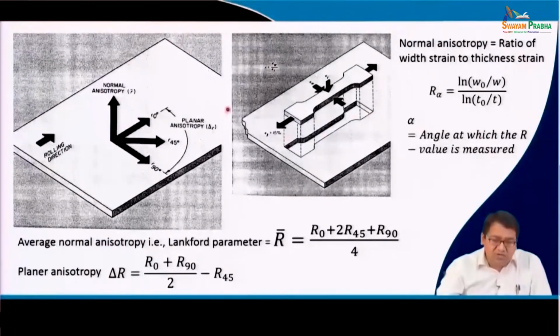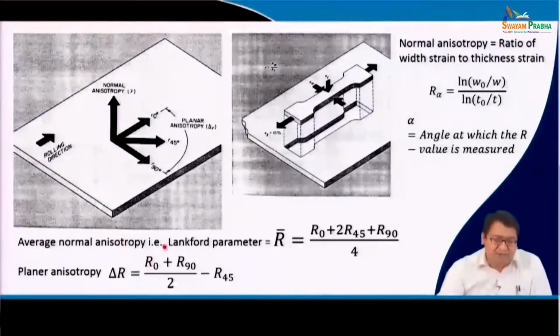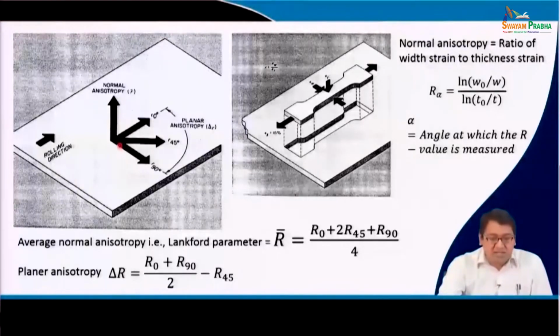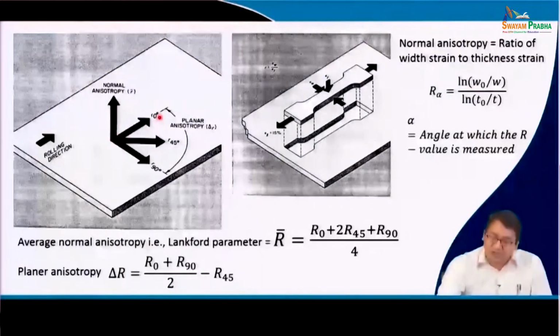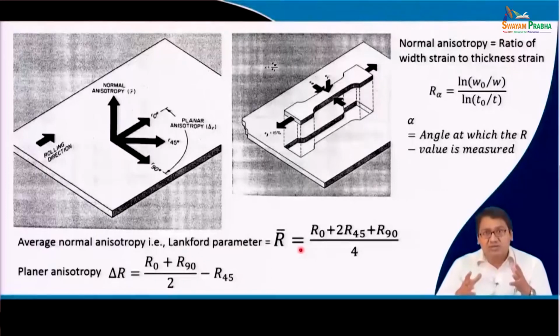Now, in order to find the average of the normal anisotropy, which is basically called the Langford parameter R bar, the same R is calculated along the rolling direction, along 45 degrees to the rolling direction, and along 90 degrees to the rolling direction, and by the formula R bar equals R 0 plus 2 times R 45 plus R 90, divided by 4, the R bar is calculated.